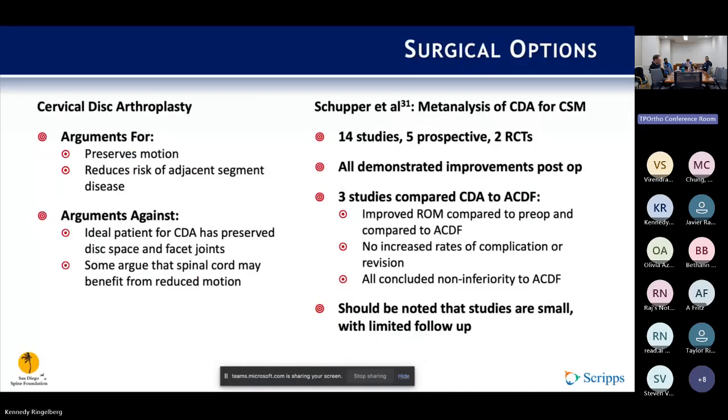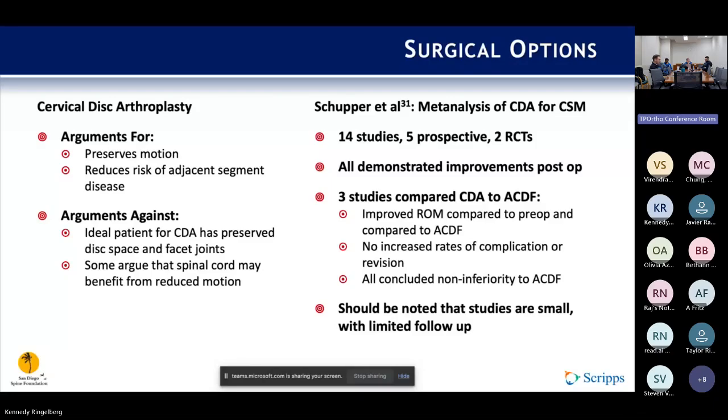Some arguments against arthroplasty is that, in theory, the ideal patient for disc arthroplasty has preserved disc space and facet joints, which by definition, these patients will not have. And also some surgeons would argue that the spinal cord probably benefits from the reduced motion that comes with a fusion to basically reduce the potential for dynamic repeated injury that these patients are thought to have.